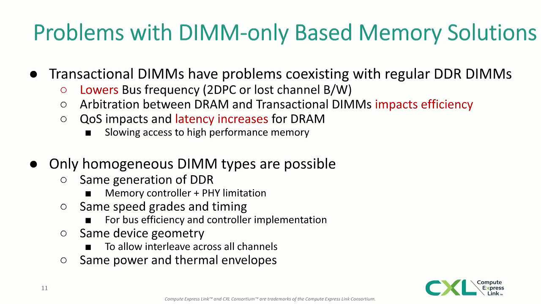Also, the speed grades and timing have to be exactly the same for controller implementation simplification. And the devices have to be the same geometry, otherwise you cannot interleave data across all channels uniformly, which is important to get high bandwidth and low access times.